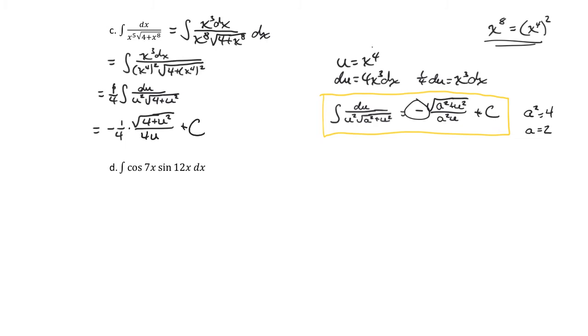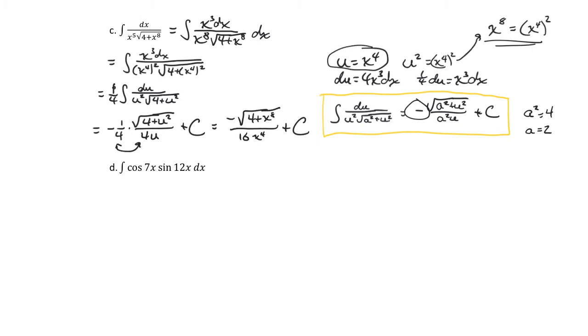If u is equal to x to the 4th, then u squared, which I have in one place, is going to be x to the 4th squared, which we already said was x to the 8th. So this becomes negative square root of 4 plus x to the 8th divided by, I'm going to multiply these two 4's together to give me 16, and then u is x to the 4th, plus a constant.